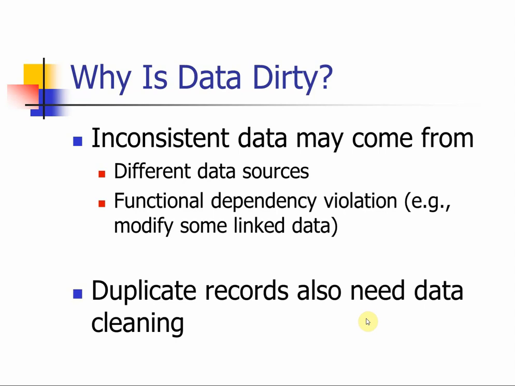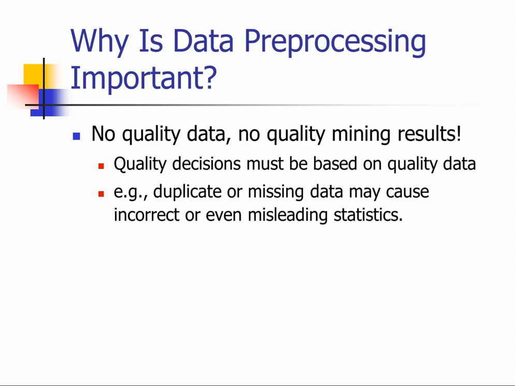So there are a lot of different things we need to do to make sure the data we are about to use is clean. Without quality data, there are no quality mining results. Quality decisions must be based on quality data. For example, say you have one customer that has been duplicated 10 times.